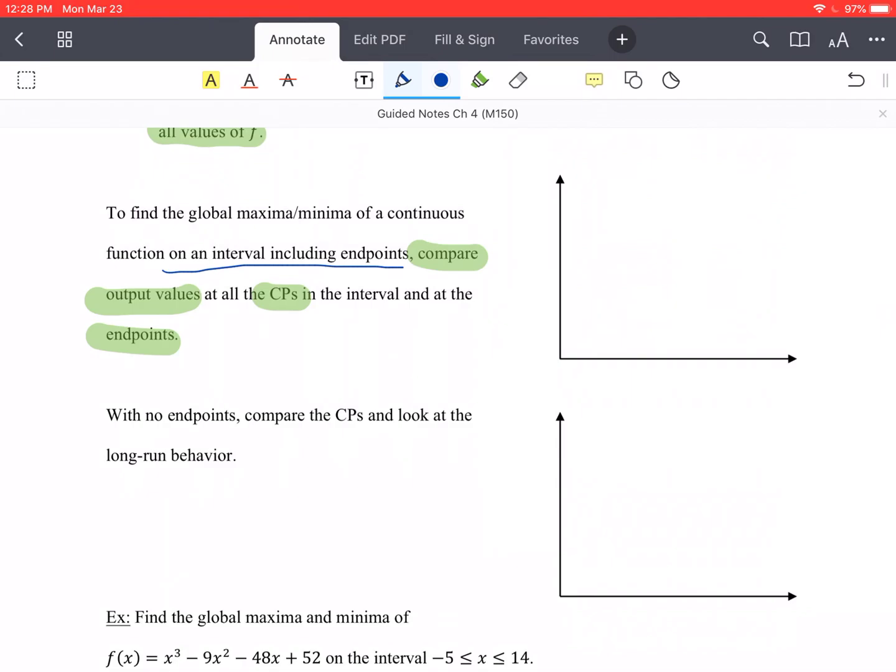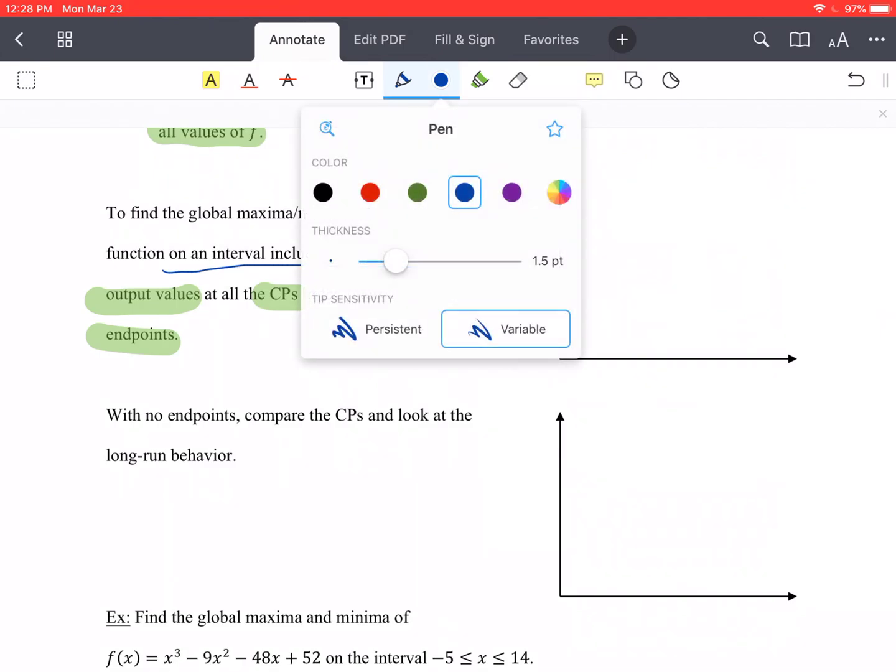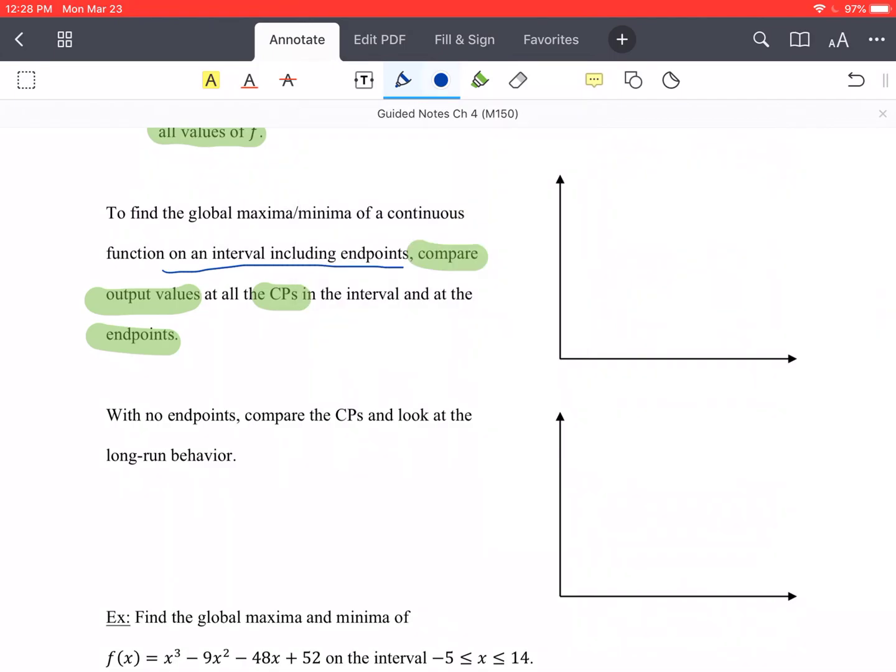So if we just create a graph here, something like that.